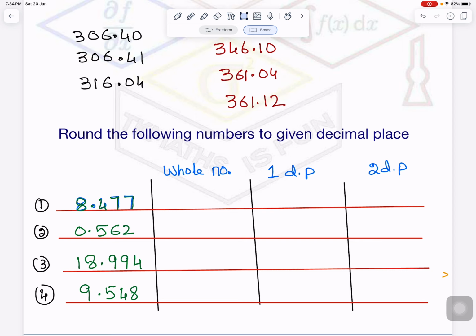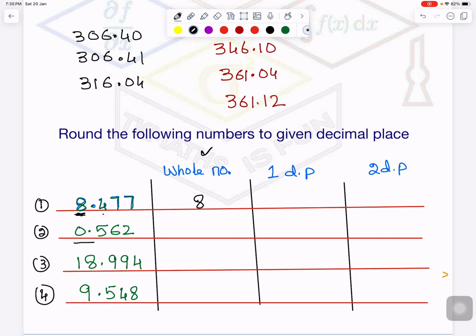Because I have to round off to whole number, okay, I'm talking about the first one, whole number. This is the whole number. So after decimal, I will see what is the digit, which is 4. I don't care what is afterwards, but right after the whole number, the first digit on the other side of the decimal is 4. So when digit is less than 5, then whole number remains same.